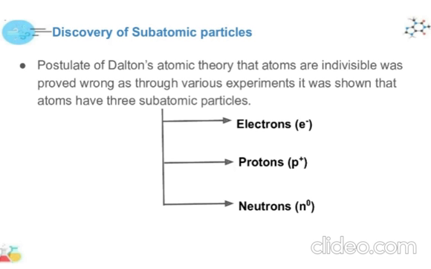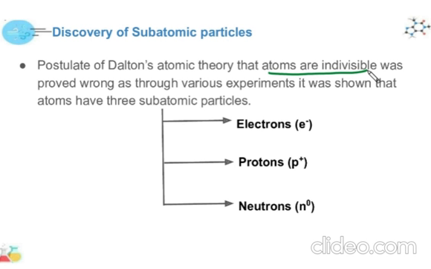Now in the last chapter we had understood about Dalton's atomic theory. Dalton gave a postulate that the atoms are indivisible, means we cannot divide atoms further, but it was proved wrong through various experiments which we are going to study ahead.